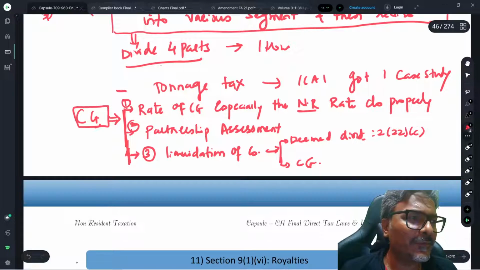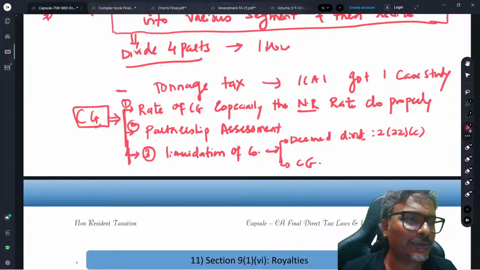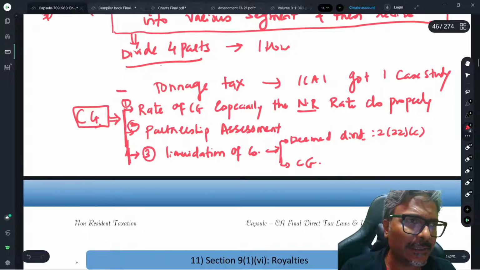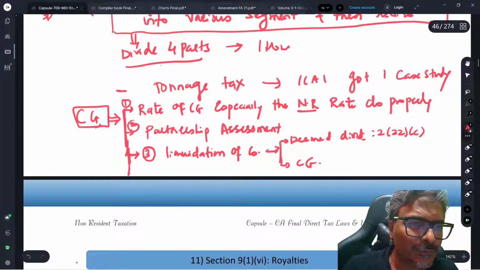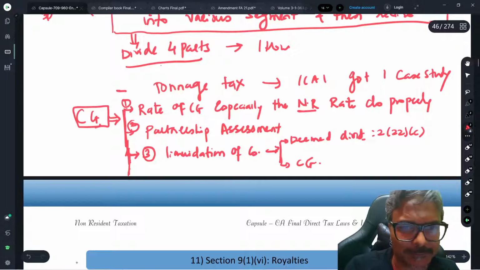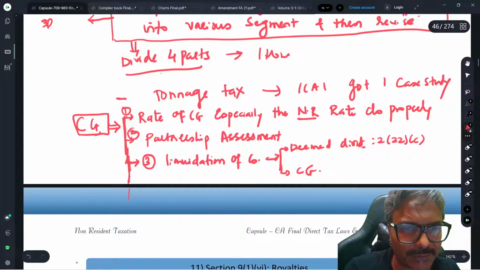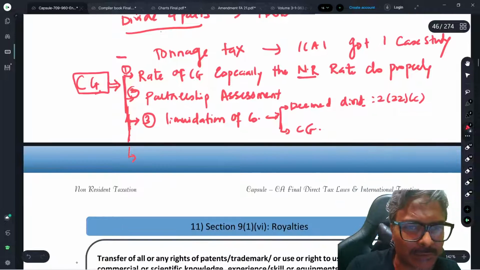So one is deemed dividend and another is capital gains, students. That is what the liquidation of company is all about. This time, this particular area happens to be one of the most important areas.